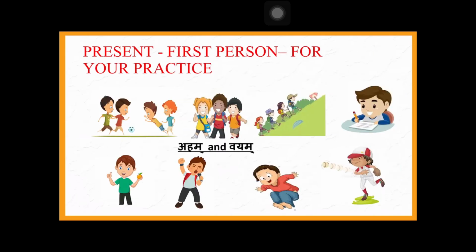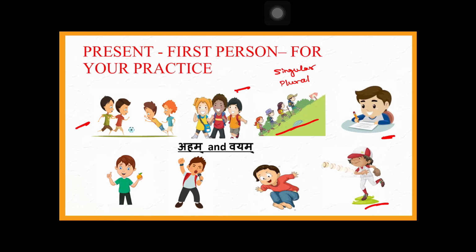Okay, so now some examples are here for your practice again. Aham and vayam. Here also, singular and plural you need to know. Which is singular and which is plural, you can easily make out. So see here, for example: we are climbing, we are playing, we are walking, I am writing, I am throwing, right?